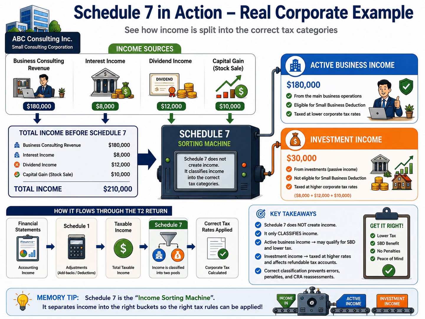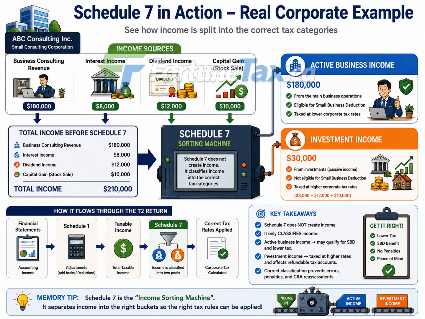Altogether, the corporation has total income of $210,000. At this point, all of that income flows into Schedule 7. Remember, Schedule 7 does not calculate new income or change the amounts. Its only job is to classify the income into the correct tax categories.